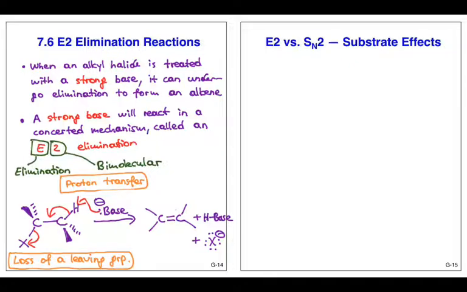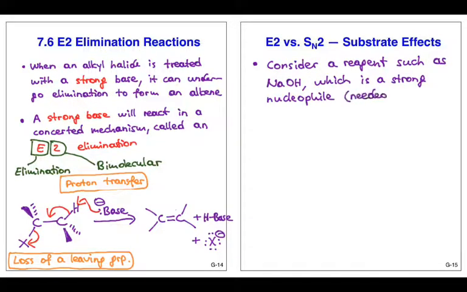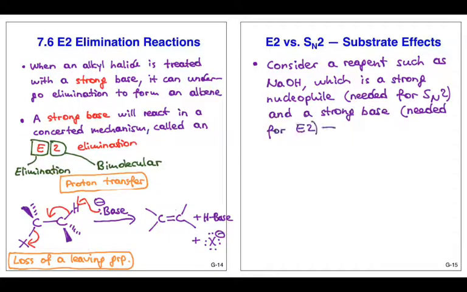Now next, let's talk about how the substrate, so the alkyl halide, affects whether an elimination or a substitution reaction will occur. First, let's recall that a typical anion, like hydroxide, can act as either a strong nucleophile or as a strong base.